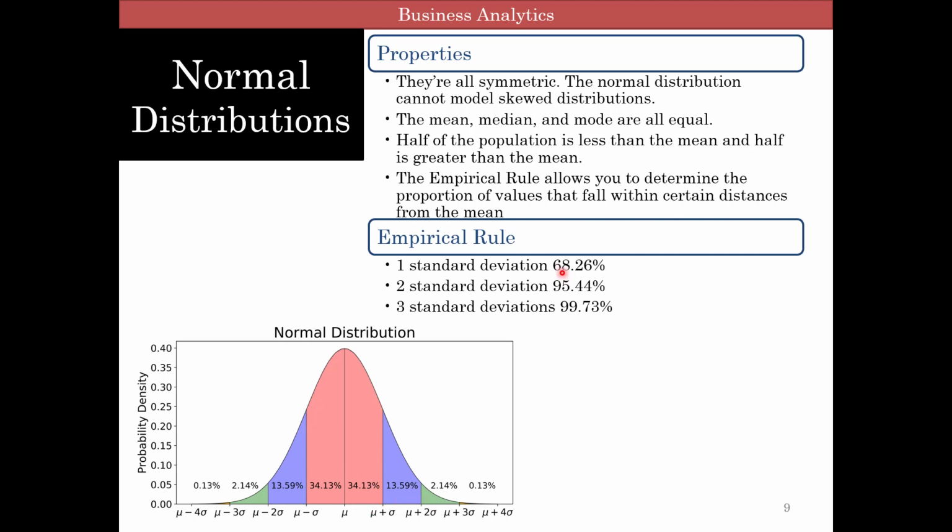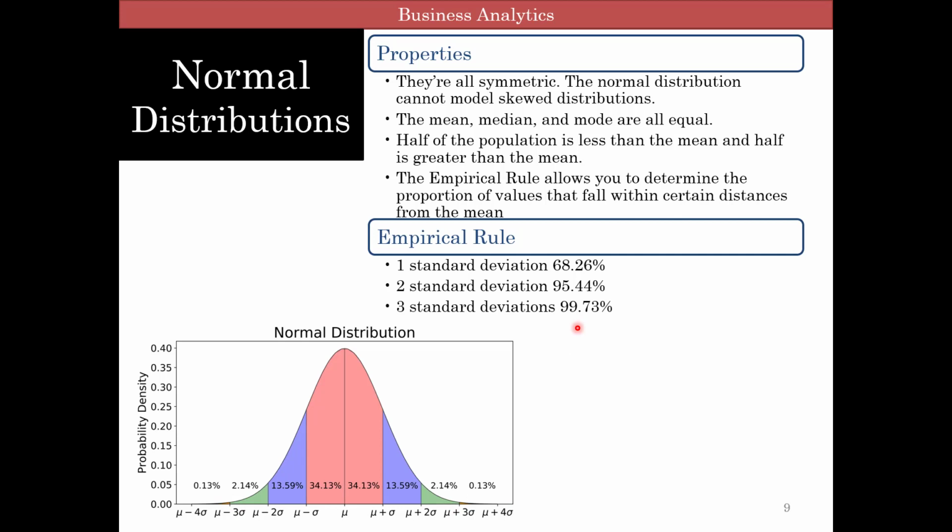And then you're going to add another 13.59% on each side, which gives 27.18%, and 47.72% in two standard deviations on both sides, and then of course it's 99%, so this is 99%.